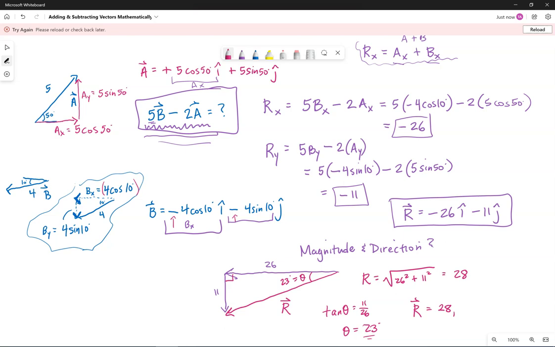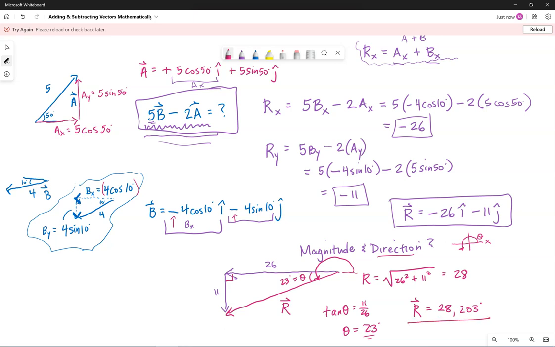If you remember, magnitude and direction is based off of the polar coordinate system, where theta is measured counterclockwise from the positive x-axis. So ultimately it's all the way around: 180 plus 23, 203 degrees, or approximately 200 degrees in terms of sig figs.